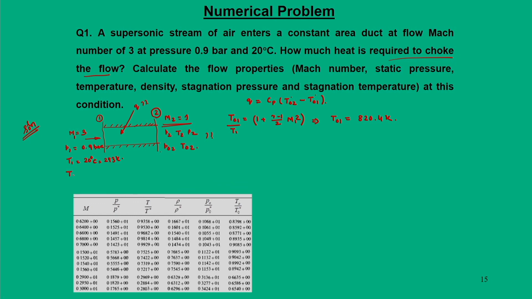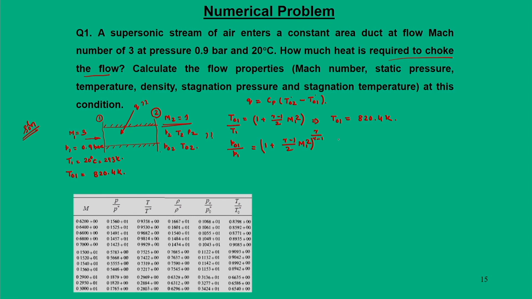So, I can write T naught 1 as 820.4 Kelvin. Similarly, we can write P naught 1 by P1 as 1 plus gamma minus 1 by 2 M1 square, whole bracket to the power gamma by gamma minus 1.